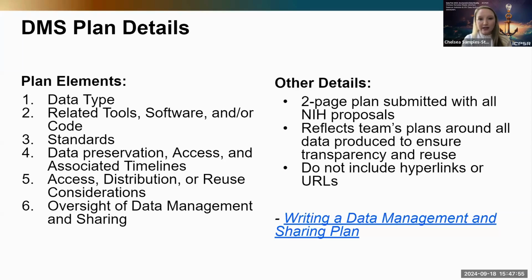Those are data type, related tools, software, and/or code, standards, data preservation, access and associated timelines, access, distribution, or reuse considerations, and oversight of data management and sharing. We'll go through each of these separately now, including how to respond to each one with information about ICPSR relevant to each item here that you can include if you are deciding to share data with ICPSR or one of our NIH-sponsored archives.